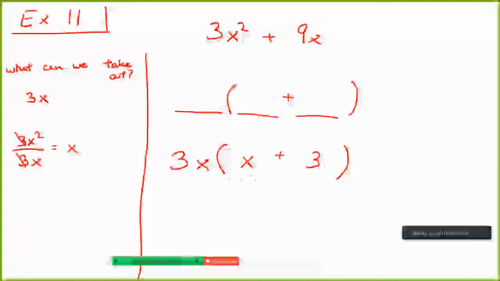And that's why we have a single x in that spot in the parentheses. Now 9x over 3x. x is canceled, and 9 over 3 is 3. So the first step is identify what you can pull out. And then the second step is literally divide all those original terms by what you're pulling out, and that'll tell you what goes inside the parentheses.